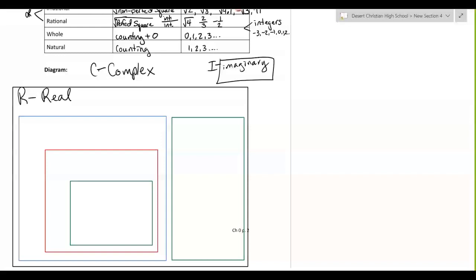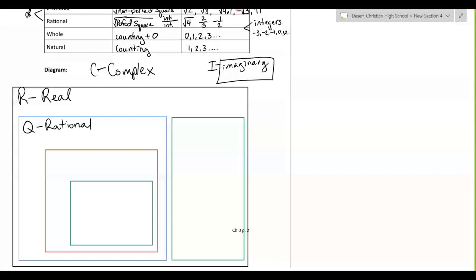And then anything that's a combination of a real part and an imaginary part is complex. Okay. All real numbers have either a rational part or an irrational part or both. Our rational, we use Q to represent because we already used R for real.